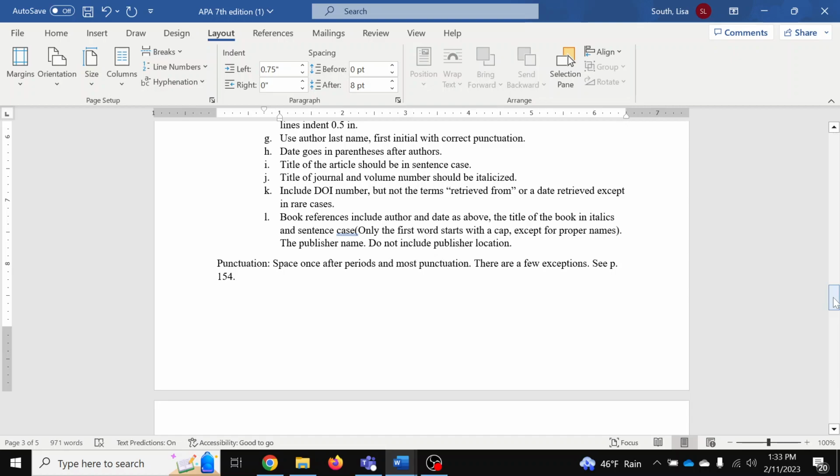Whaley and Wong's Nursing Care of Children. Well, Whaley is the first, so it would be capitalized, but Wong is a person's name too, so it would start with a cap, right? The rest of them would not. Now, the other thing is put the publisher's name, and if you're old school, you remember having to put the publisher's location.